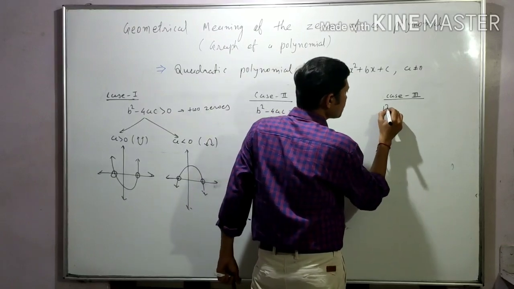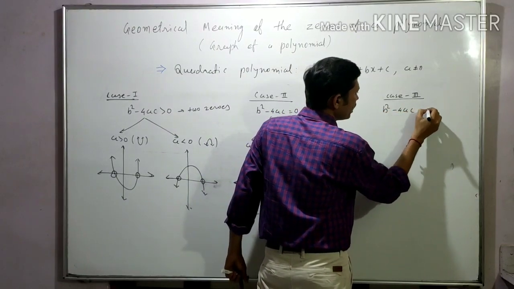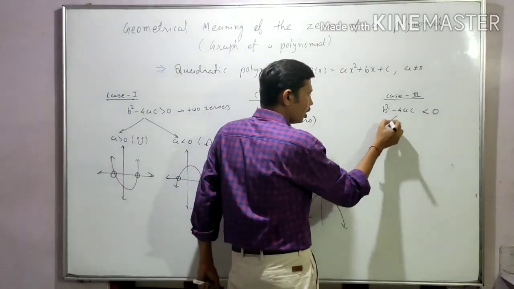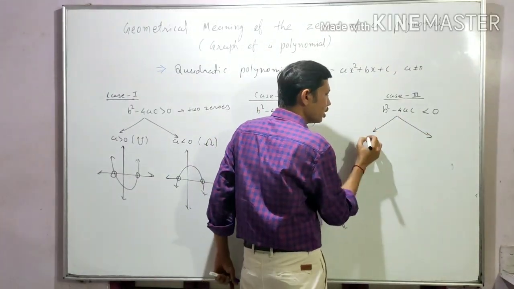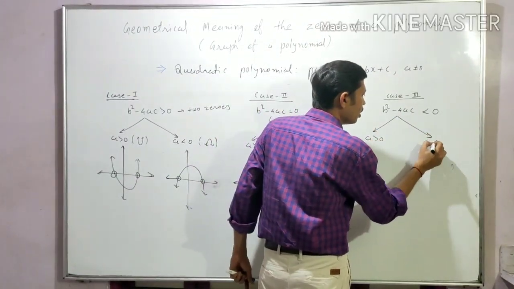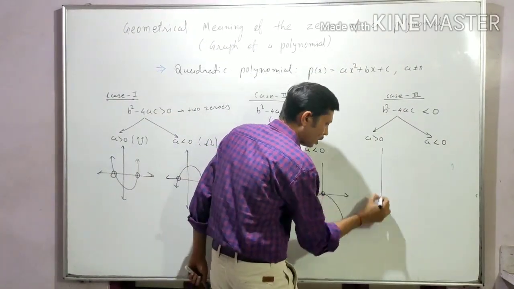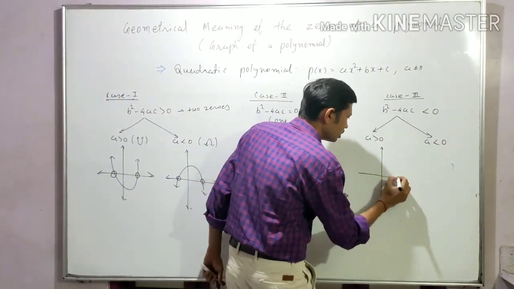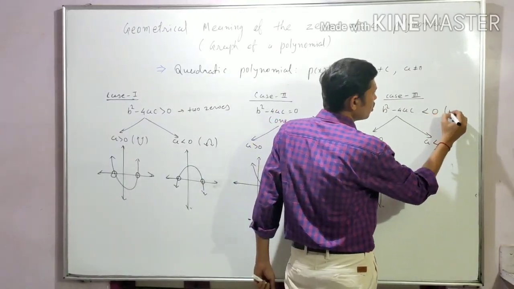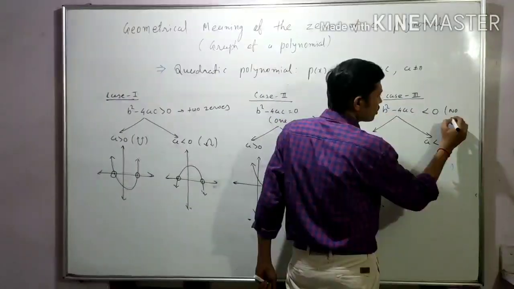Now again the condition is b square minus 4ac less than 0, and again we have the two different parts, a greater than 0 and a less than 0. If a is greater than 0, the parabola opens upwards, but in this case there are no real zeros.